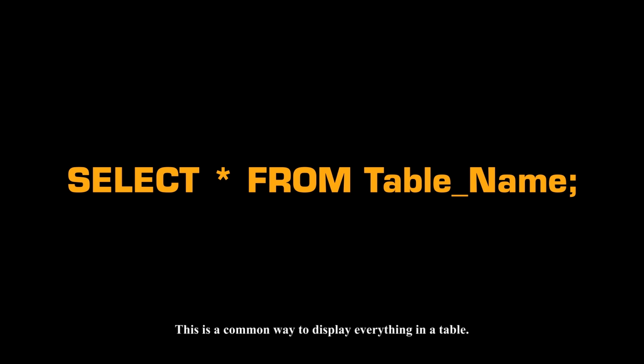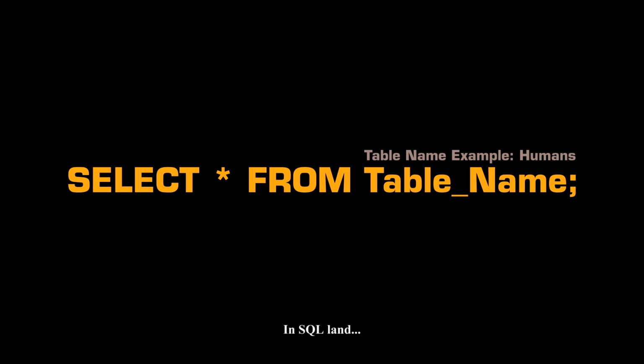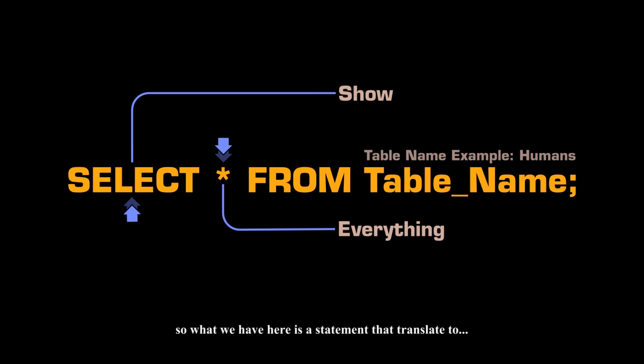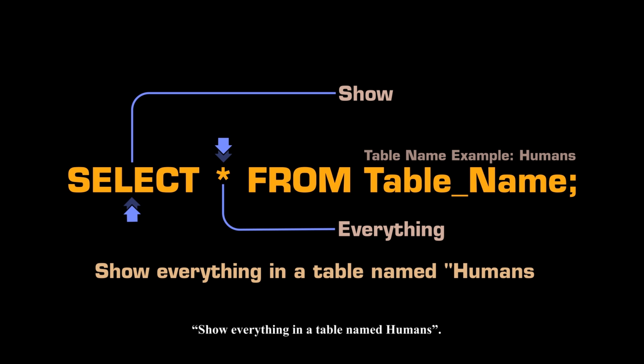This is a common way to display everything in a table. In SQL land, the asterisk symbol means everything, and the keyword select makes more sense if you read it as show. So what we have here is a statement that translates to show everything in a table named humans.